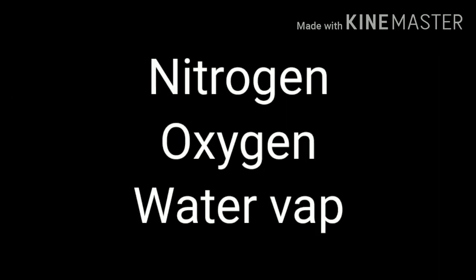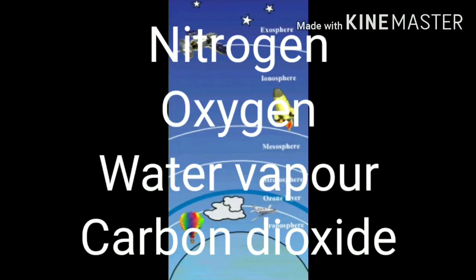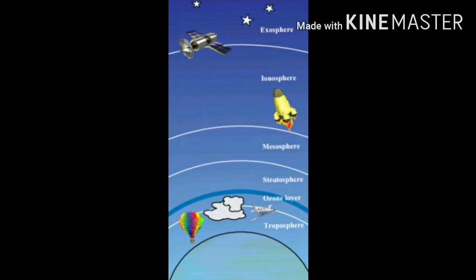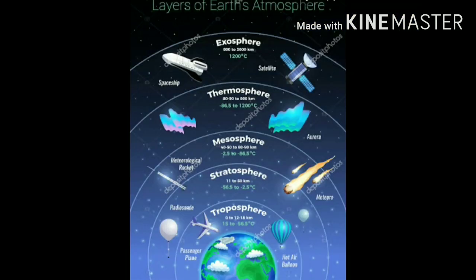And the answer is nitrogen, oxygen, water vapor and carbon dioxide. The layers of the atmosphere are named as the troposphere, stratosphere, mesosphere, ionosphere and exosphere.